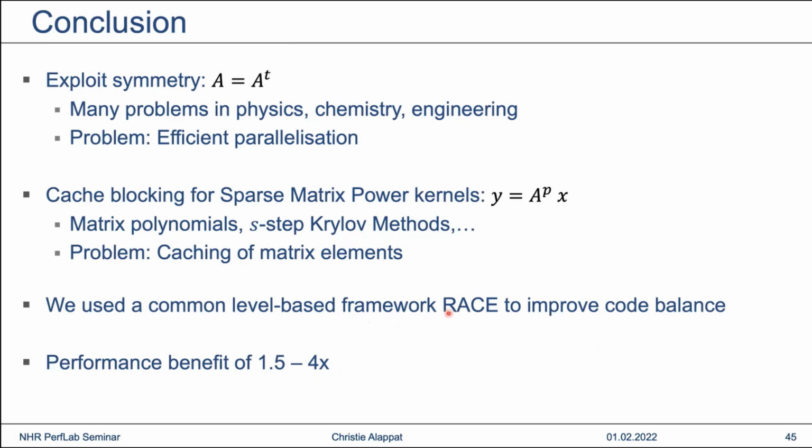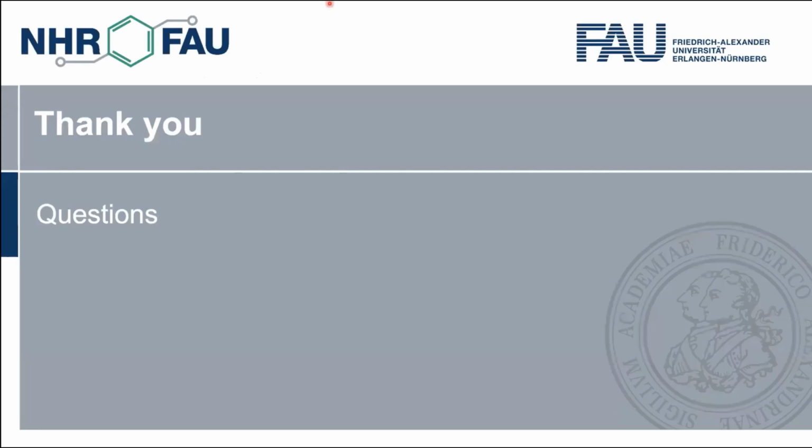Under the hood, RACE does much more optimizations like recursion, grouping of levels, point-to-point synchronizations and stuff like that. And this is how we get these high speedups. And that's it basically. Thank you for listening, and I'm open for discussions.